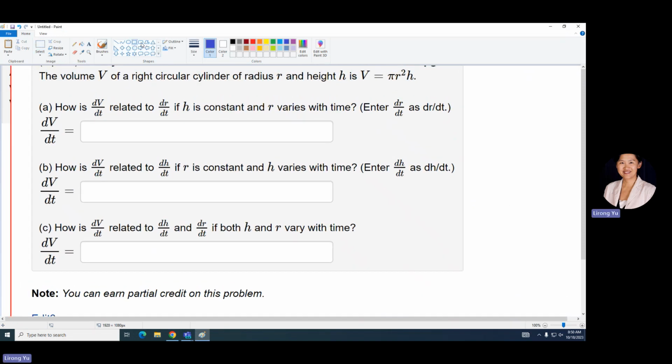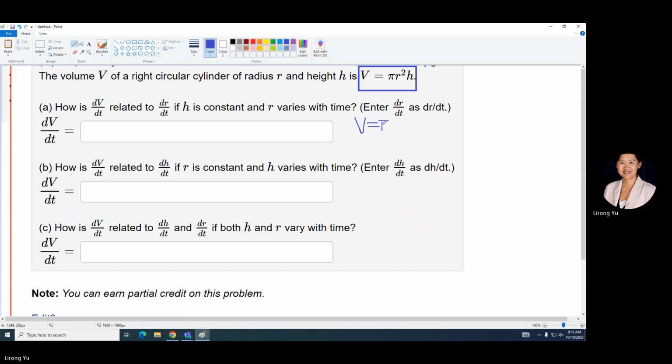Right, the relation is already in here. So we're going to work with that relation. We're going to find the derivative of both sides of the equation. For example, in the first question, you're maintaining the h as a number. So in the first scenario, V is equal to pi times h times r squared.